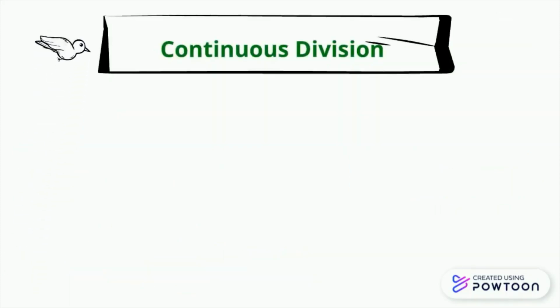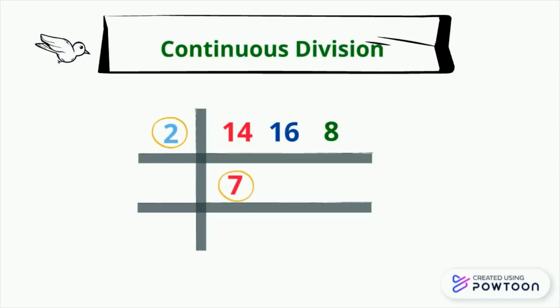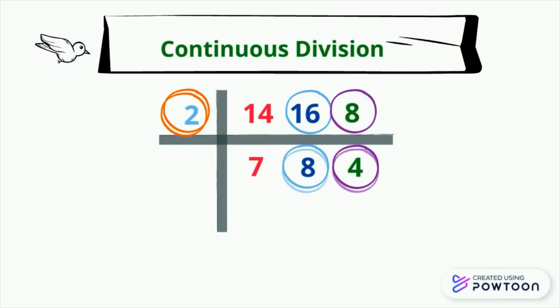The LCM first. All of 14, 16, and 8 are fortunately divisible by 2. As we divide 14 by 2, the result is 7. 16 by 2, the result is 8. 8 by 2 is 4. Numerals 8 and 4 are divisible by 4, but not 7.